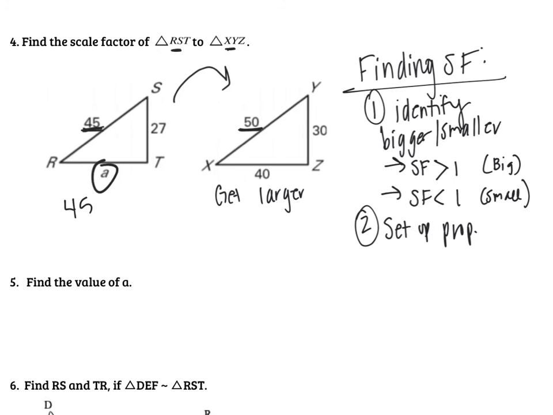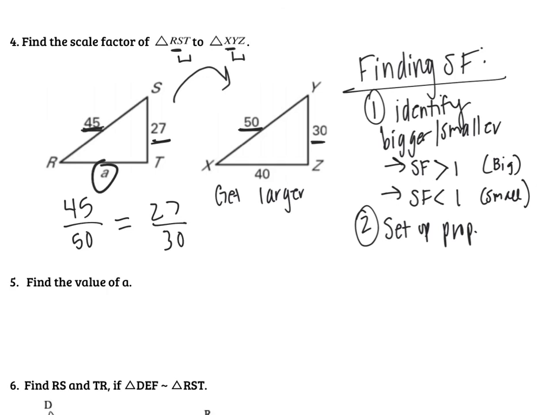And then I have 27 over 30 because ST and YZ are partners. I already know that those two things are equivalent because they told me that they're similar. So I know the fractions have to work out and be equivalent. I don't care about the third fraction. It really doesn't matter yet. It's kind of irrelevant to me because I already know that they're all equivalent. So I don't have to worry about it.